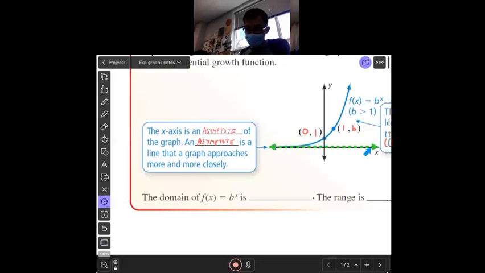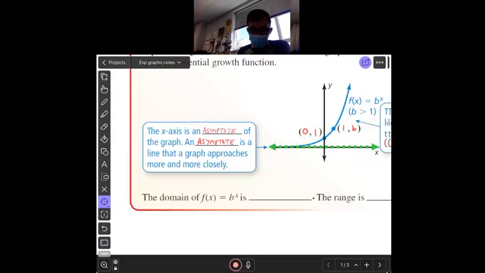You can think of this like the axis of symmetry in a parabola, right? We always drew that axis of symmetry just to help our eyes see that reflection. This is a line that we draw just to help us see something. It's not there mathematically. So there are no actual points there. That's why we do a dashed line. But that line is the one that the curve approaches and approaches and approaches.